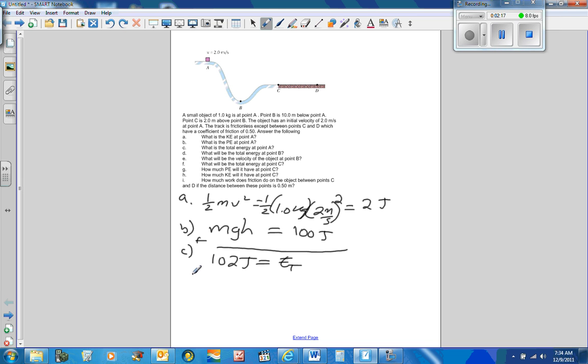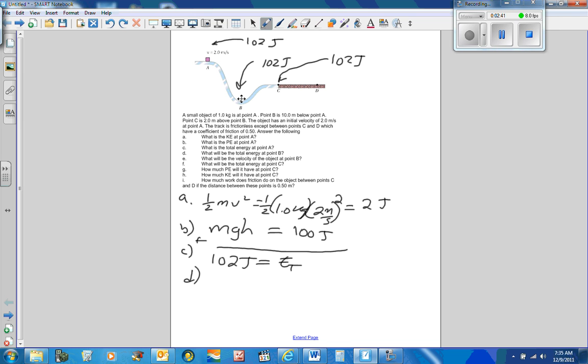All right. D, what is the total energy at point B? Well, you guys know that energy only changes form, the amount doesn't go away. So if I have 102 joules of energy here, I have 102 joules of energy there. I have at point C, before it starts having friction, 102 joules of energy. Up here I got kinetic and potential.